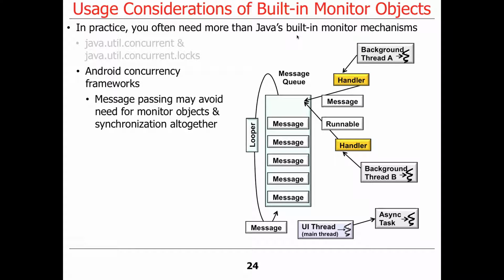In fact, if you look through the Android source code, which is a lot of fun to look at, and you search for the use of monitor objects, you'll see that they're very, very infrequently used. Especially the wait and notify mechanisms and monitor objects are almost never used in Android source code. And that's because they do message passing using the Handler and AsyncTask frameworks in order to get around the need to share variables through some other means, which is kind of interesting.